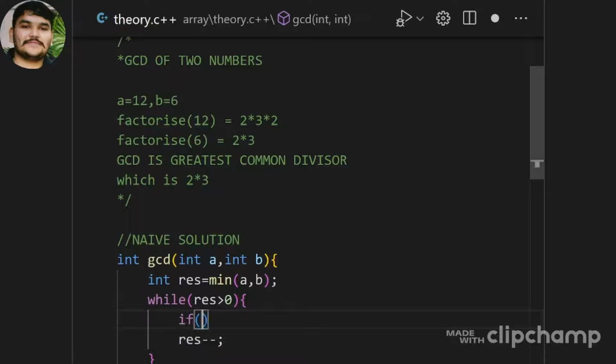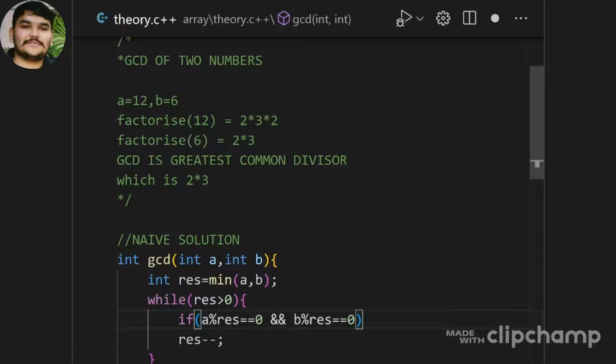Then we put a condition that a mod result is equal to 0 and b mod result equal to 0. That means our minimum number, which is the result, successfully divides both the numbers at a time.